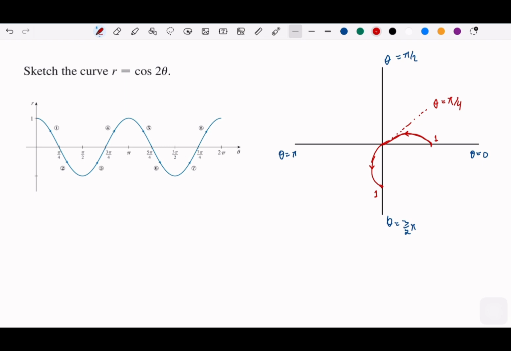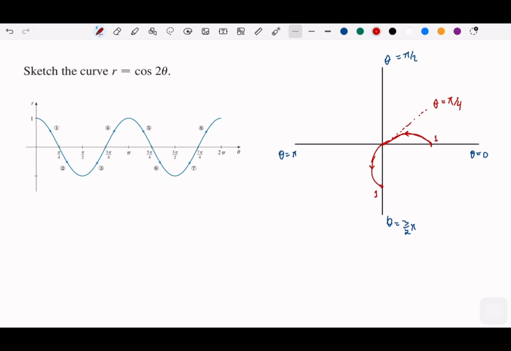And then from pi over 2, we are going to 3 pi over 4, which is 0. Again, we see this is actually from here, but since it's on the negative part, it is on this side. So we move through that.